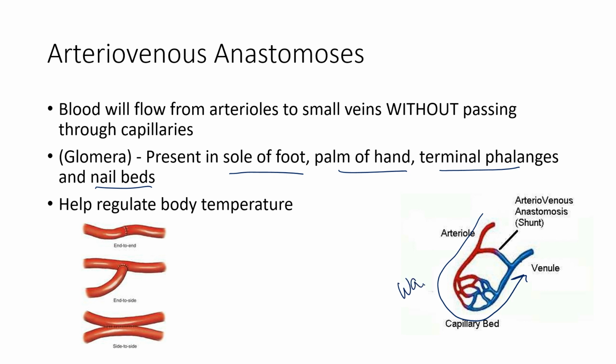So in warm conditions, you would open up that capillary bed. When it's cold, you would shut that off and allow blood to just flow from the arteriole into the anastomosis into the venule to conserve heat. So you would block off that capillary bed.